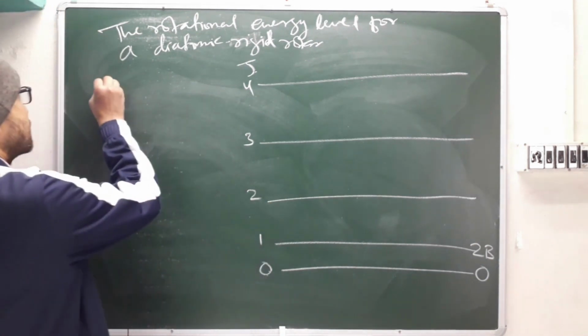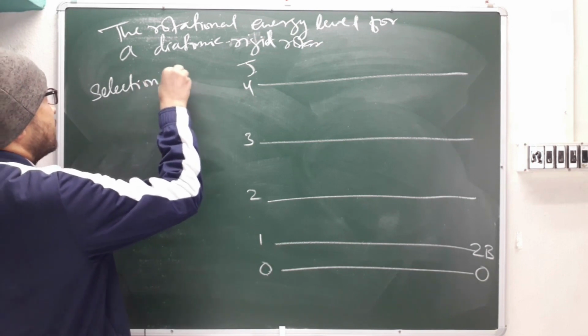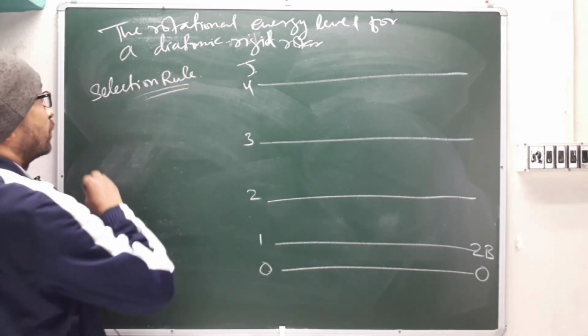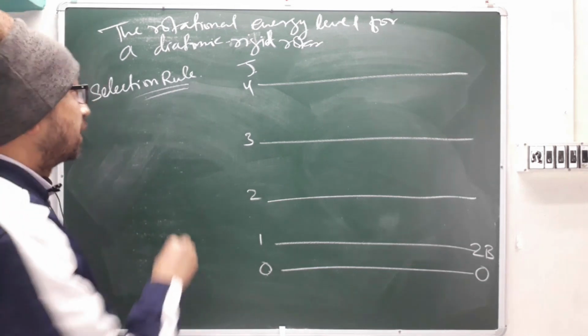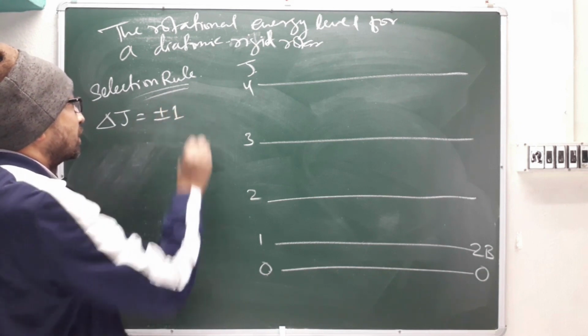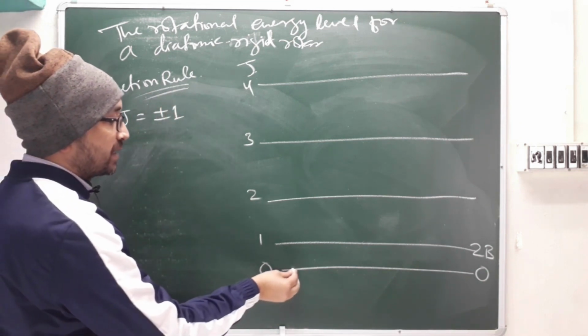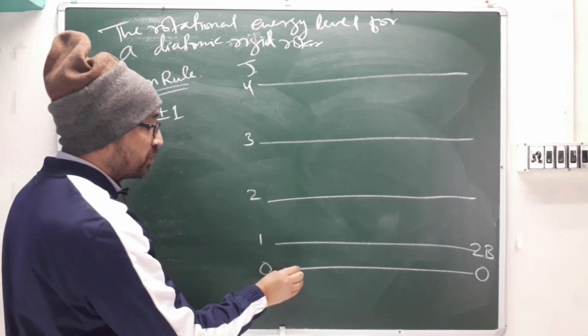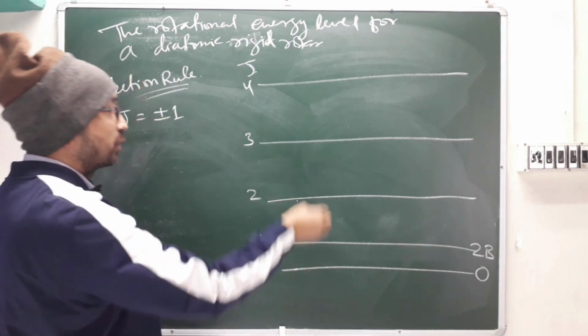First we'll see the selection rule. What is the selection rule? Directly they will ask these questions: for the rotational spectra J value, what is the selection rule? Delta J equal to plus or minus 1. What is the meaning of this selection rule? This energy level can jump from 0 to 1, but it can't jump from 0 to 2, or from 0 to 3.